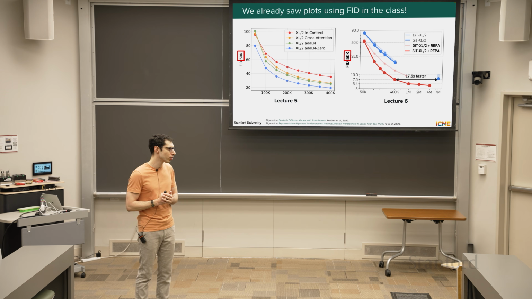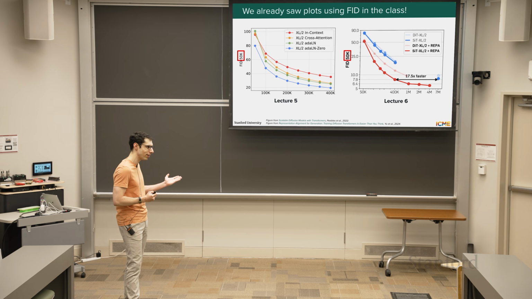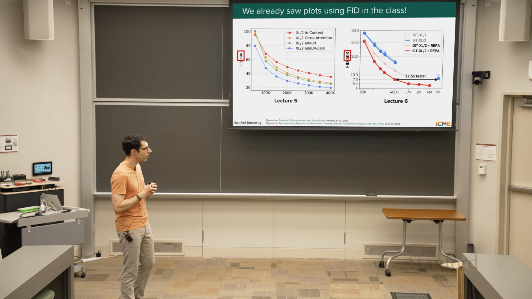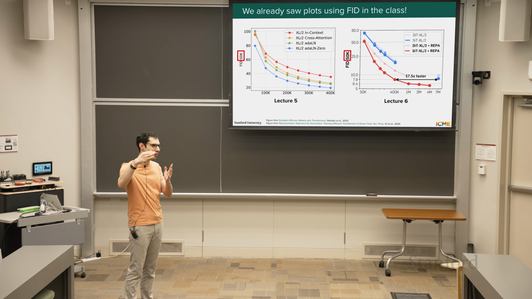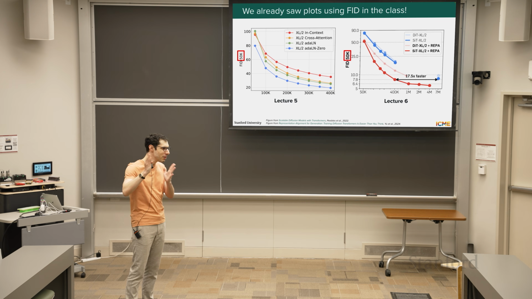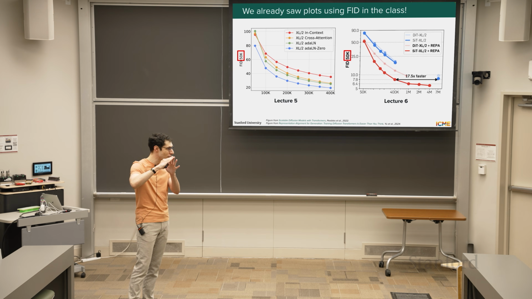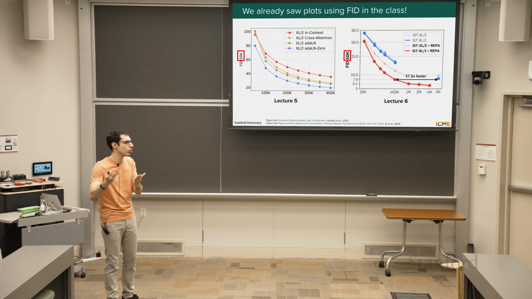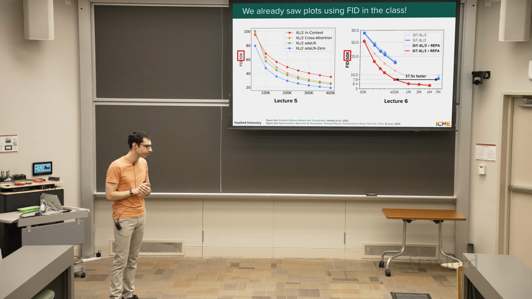But I agree with your point, which is it is not necessarily reflective of the quality of your images, which is why in papers you would also see a bunch of cherry-picked or not cherry-picked images that are shown in the paper just to show how good the model is.